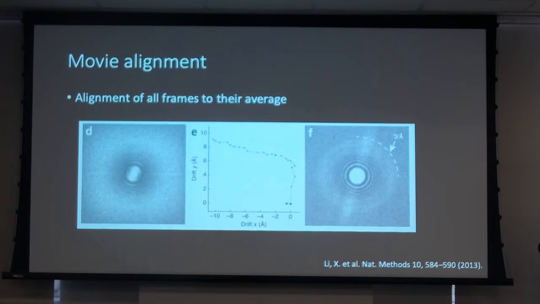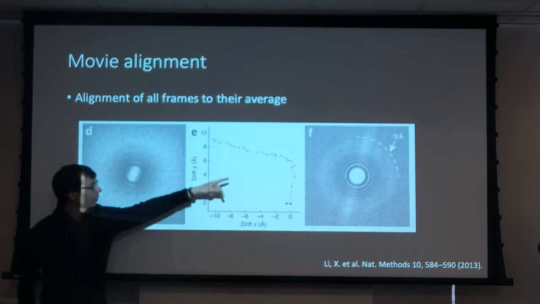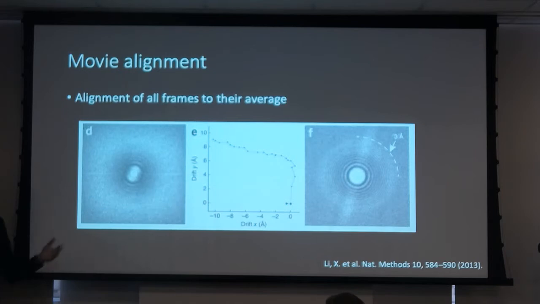Now, something interesting about this graph: why do we have fast motion at the beginning and then slower motion towards the end of the movie series? The reason is that as soon as the electron beam hits your sample, you have a rapid doming of the ice, or the carbon and the ice.